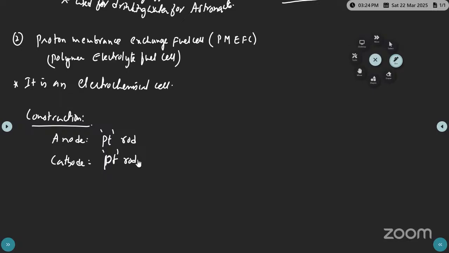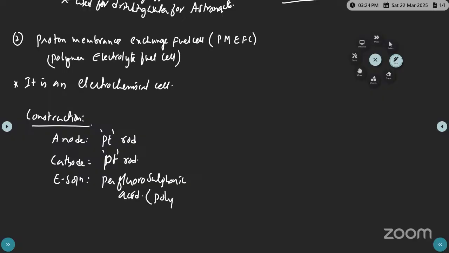Porous, okay, and the electrolytic solution is perfluorosulfonic acid. Perfluorosulfonic acid is the electrolyte solution.